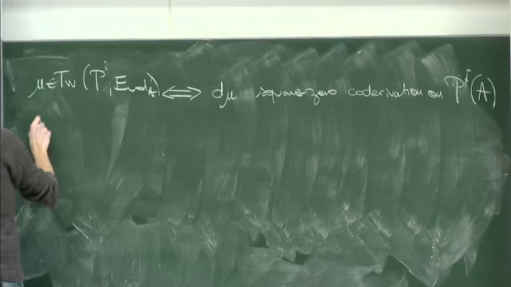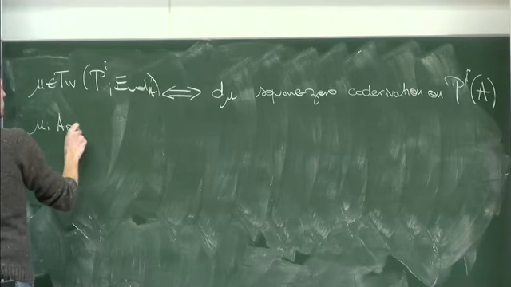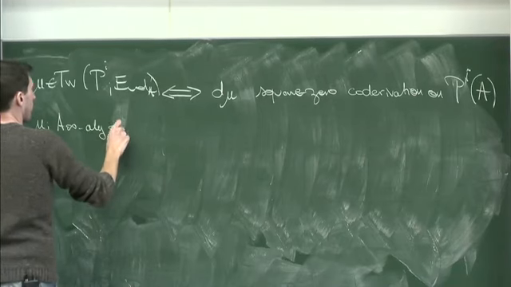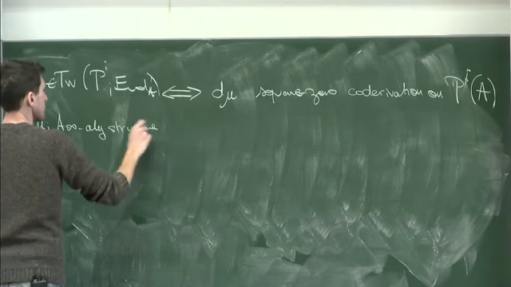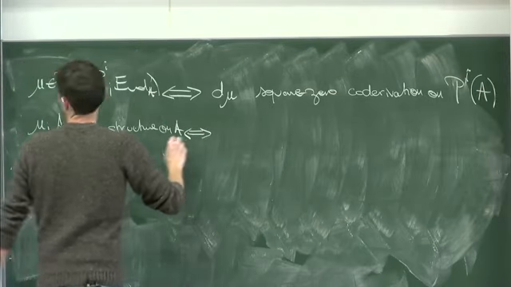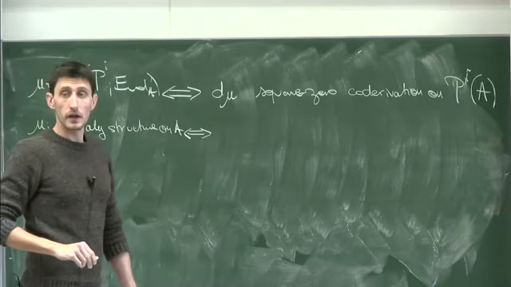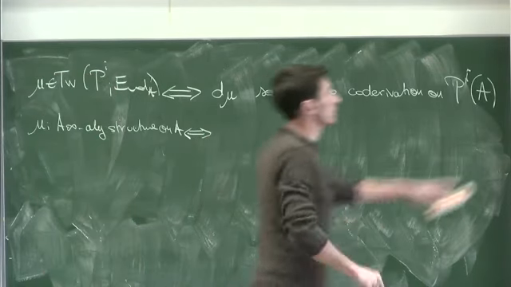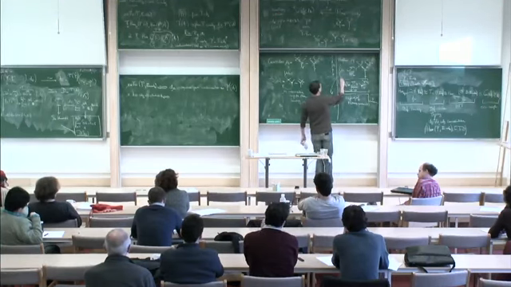For instance, mu is an A-infinity algebra structure on A by that definition.